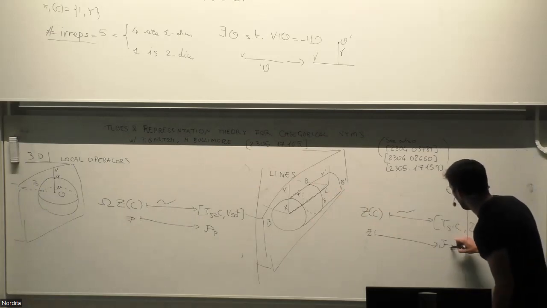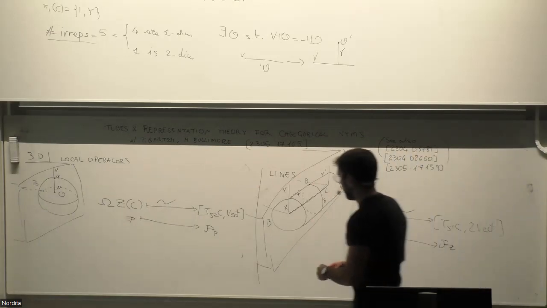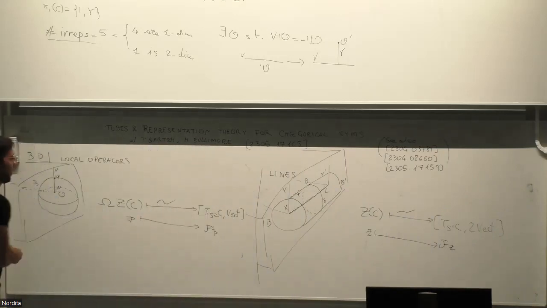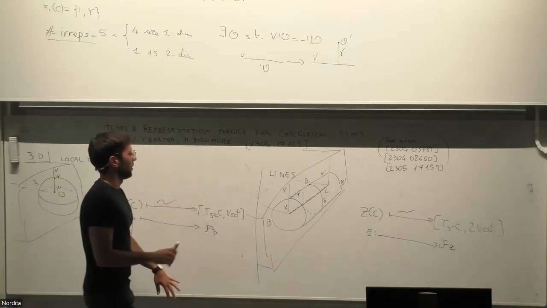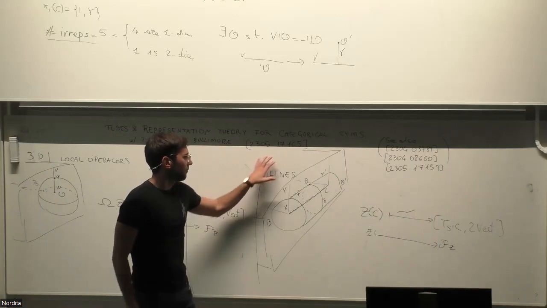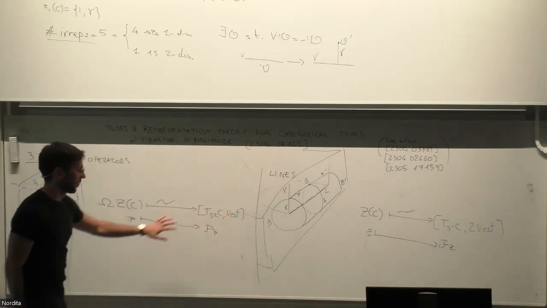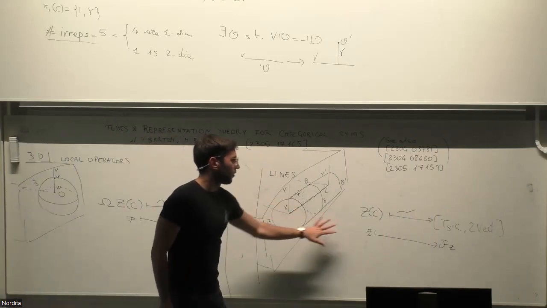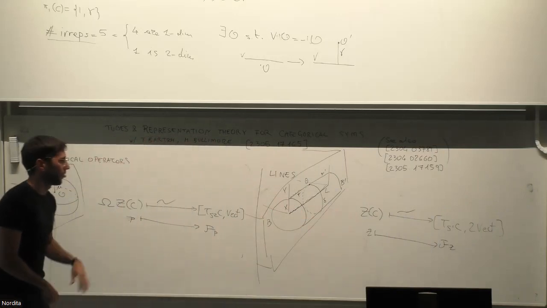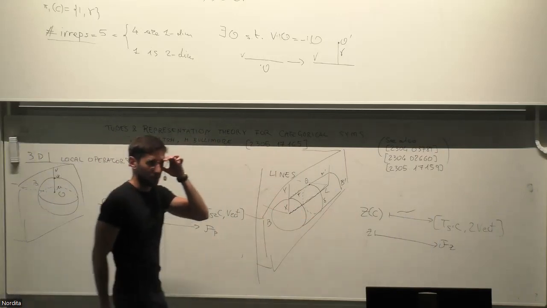And let me conclude by commenting on the fact that, okay, let me focus on the particular example of extended operators, in particular lines, that so far this describes representations for any kind of lines, be it topological or not.